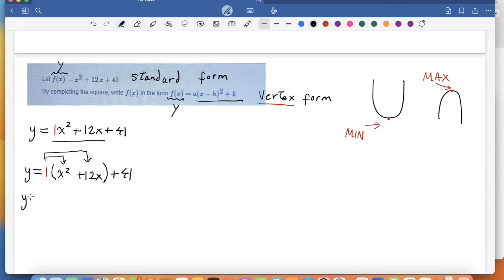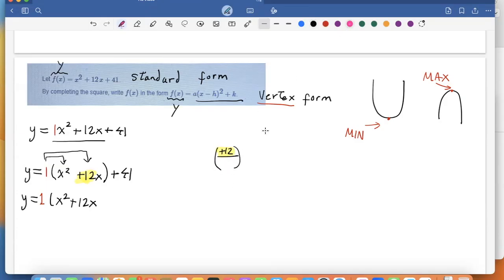Next, I'm going to bring in an imaginary number. I'm going to add and subtract a value in this bracket. This value that I add and subtract has to do with the 12 here. So I take that 12, I divide it by 2, so it's a positive 12. I divide it by 2 and I square it.